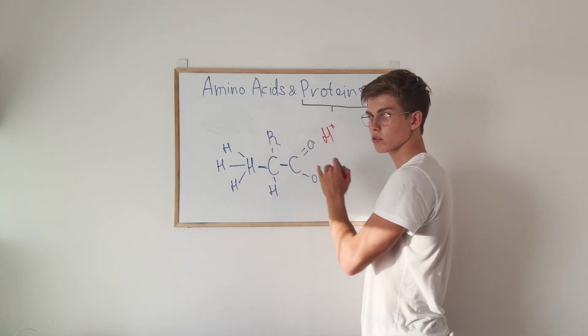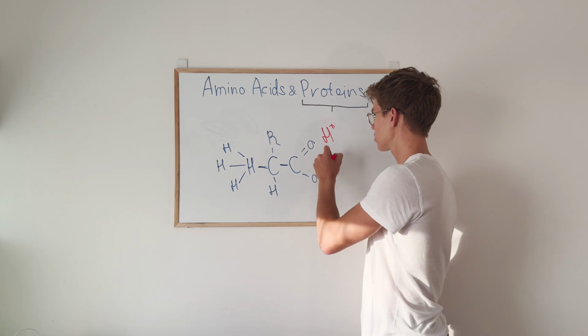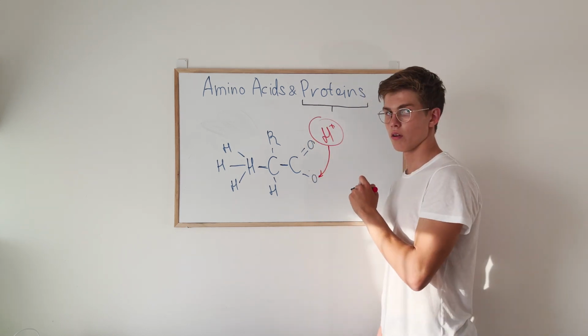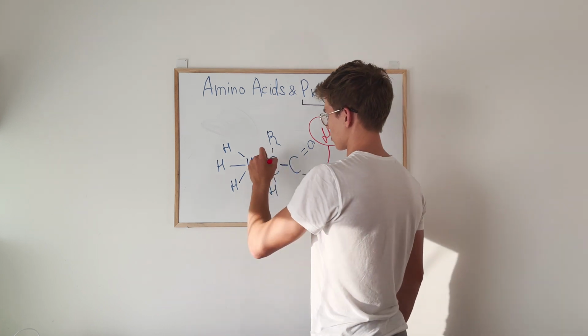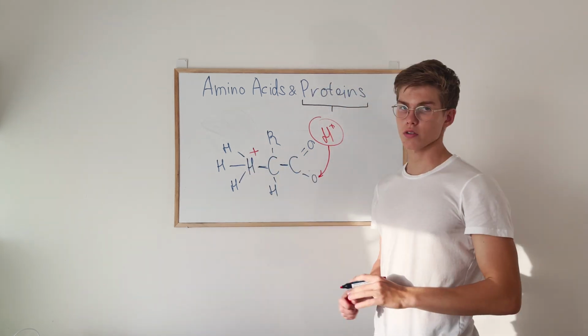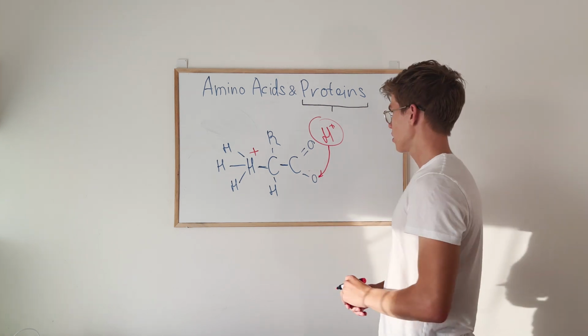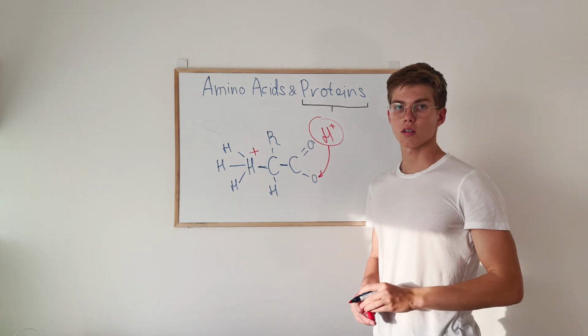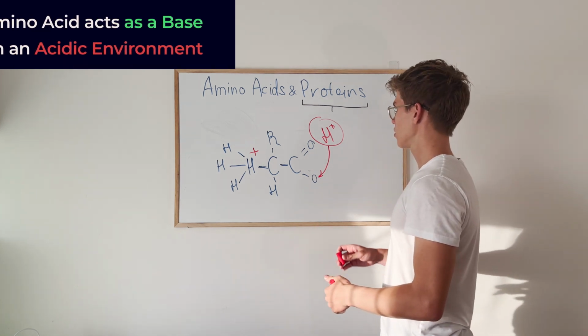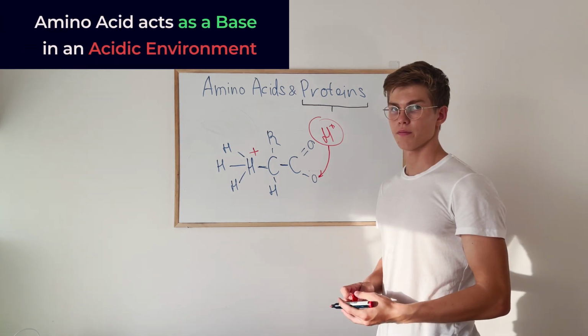Then the carboxyl group of this amino acid will capture the hydrogen ion, and the whole charge of the molecule will be positive. In this environment, in an acidic environment, amino acids will act as a base.